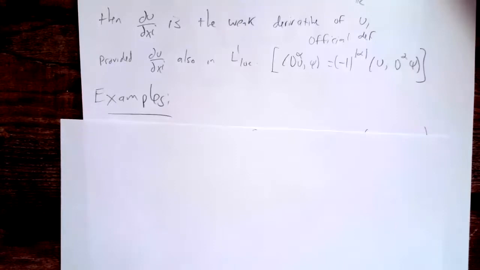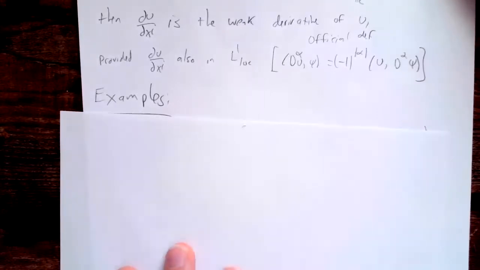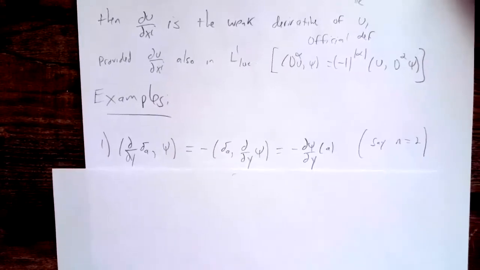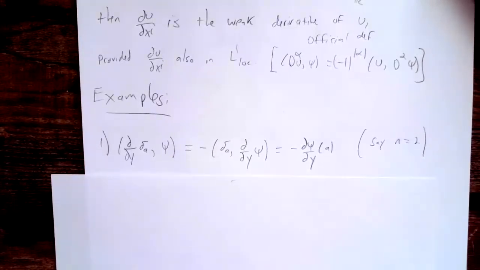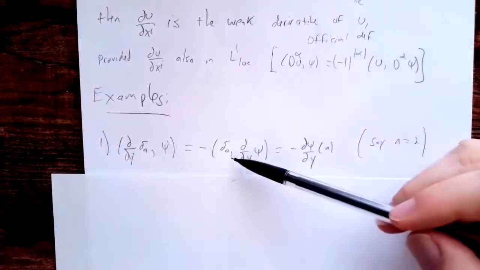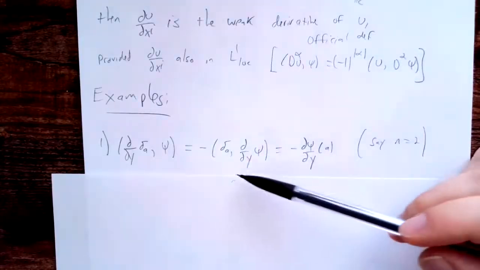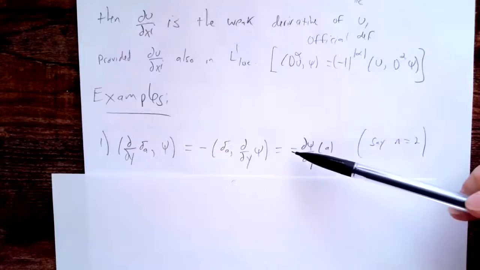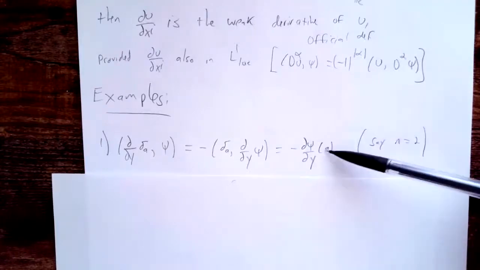So every distribution has a derivative guaranteed. What is that derivative? And let's take, for example, n equal to 2, so we're on the plane. What's the derivative of Dirac delta in the y direction? I just bring it over with a negative sign and apply the evaluation function to this, and what I get is the negative of d psi/dy at the point a.